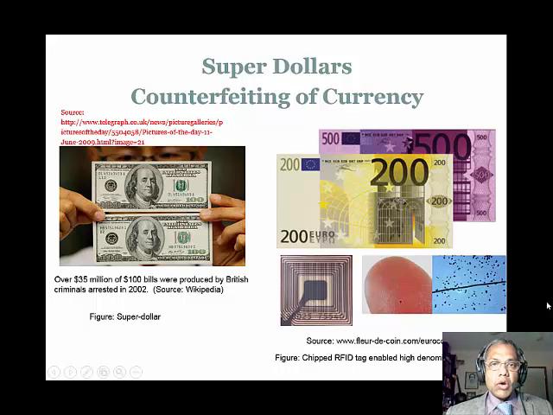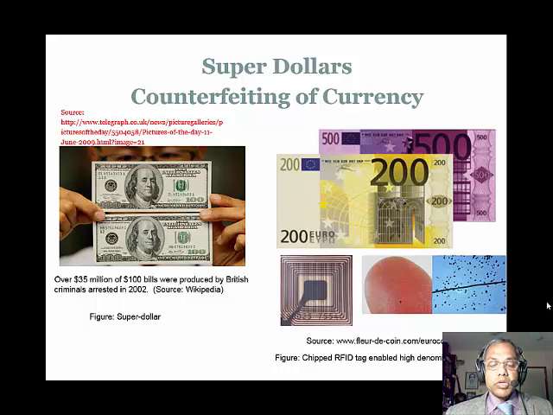Super dollars, counterfeiting of currencies. Currency counterfeiting is a big problem worldwide. RFID can stop counterfeiting. My research funds mainly come from the Australian banknote manufacturing company Innovia Security International.